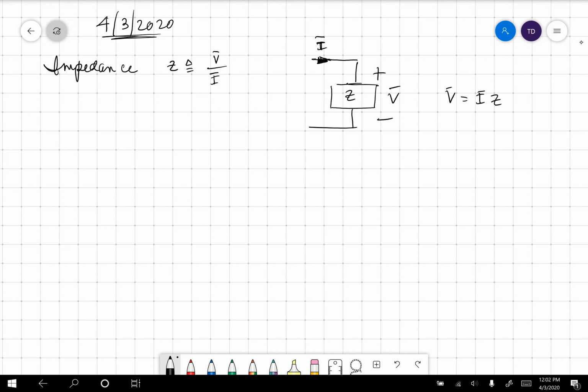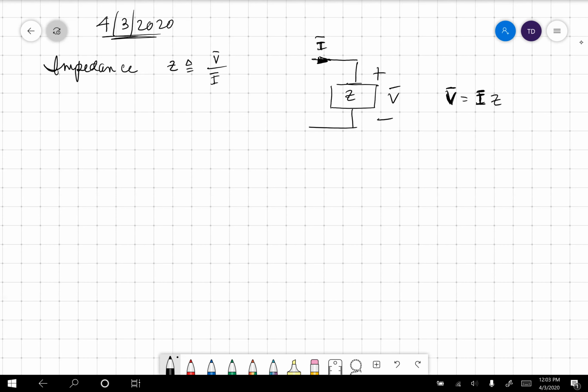All three of those quantities in general are complex numbers, but we said something about V and I phasor with regard to them being phasors, and Z being a complex number but not a phasor. We established that Z is not a phasor, it's just a complex number, it doesn't get a bar over the top of it.